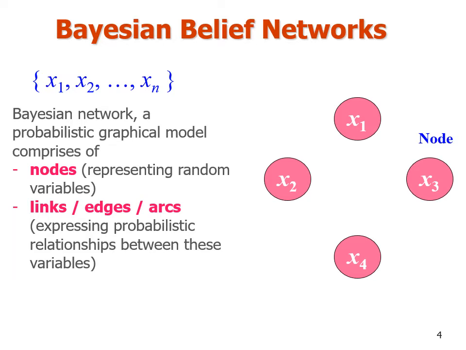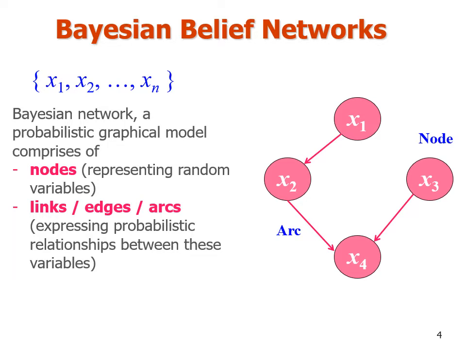If there is no arc, what does it mean? It means that there is a lack of relation between the variables. So let us say that we have an arc between x1 and x2, x2 and x4, and x3 and x4. What does it indicate? It indicates that there is some probabilistic relationship between x1 and x2, between x2 and x4 and between x3 and x4.